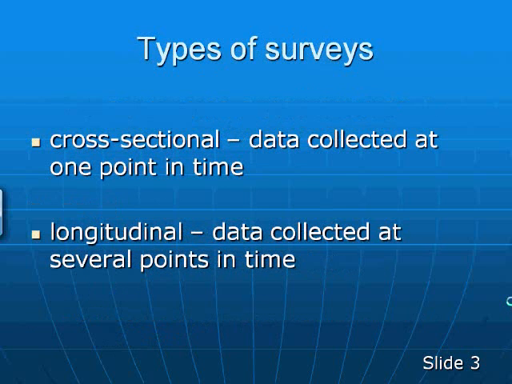There are two basic types of surveys in terms of the way in which you conduct them, or the number of times you administer them to each person. The basic type of survey, the most common one that is used most frequently, is called the cross-sectional survey.